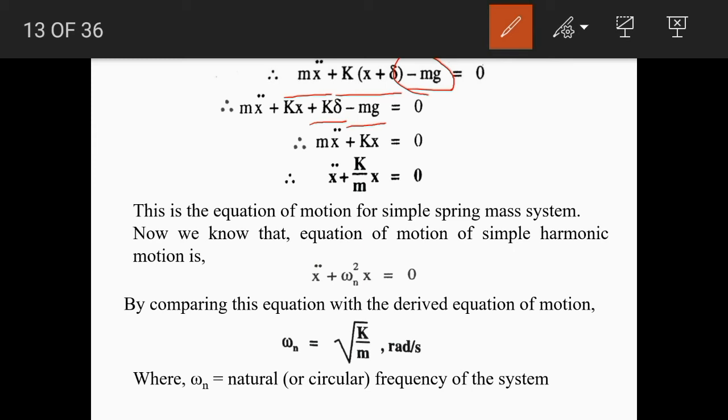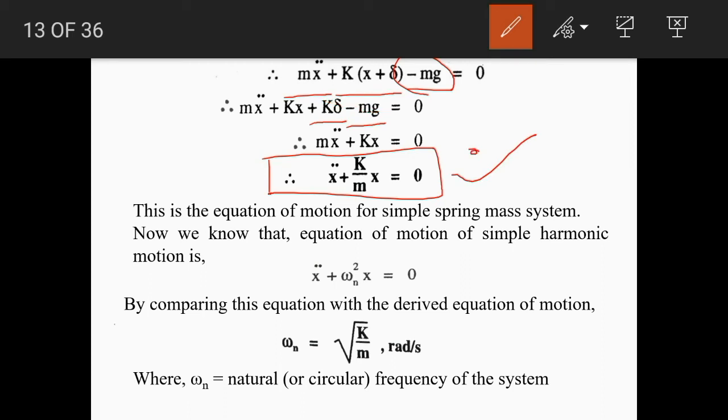So we can eliminate these two forces, and finally our equation reduces to m x double dot plus kx is equal to 0. So the equation can be written as x double dot plus k by m times x is equal to 0, and this is the equation of motion for a simple spring mass system.